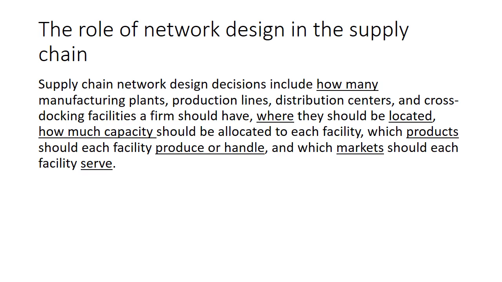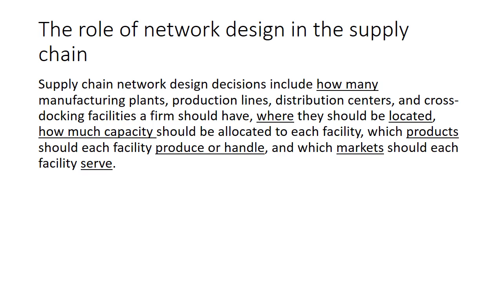So allocation of all these things, like the handling and producing, the markets to be served, the capacity to be allocated, and the location of a facility, these are the very important points. I will try to make you understand the importance of these points one by one.